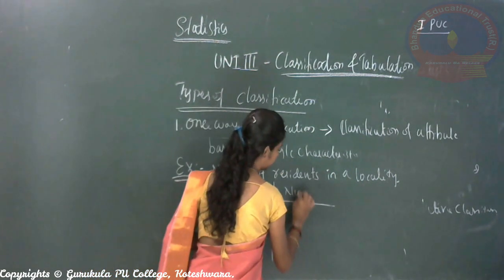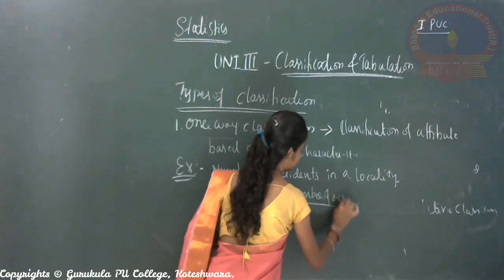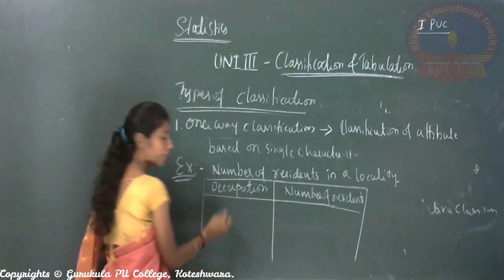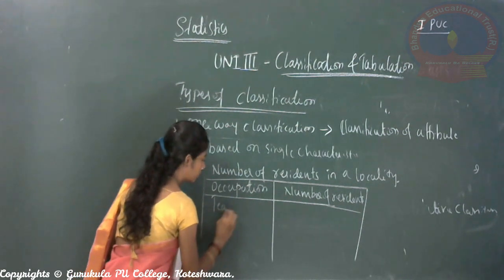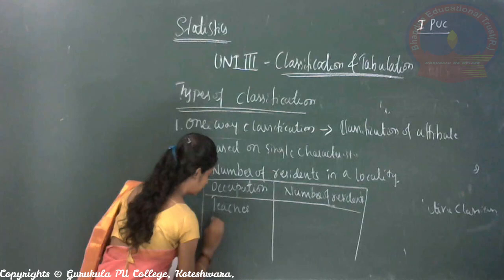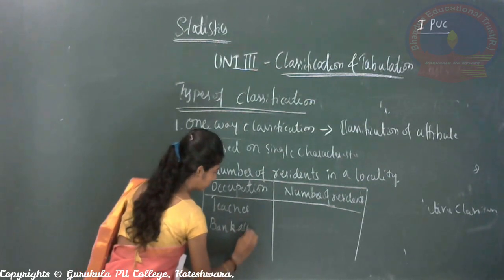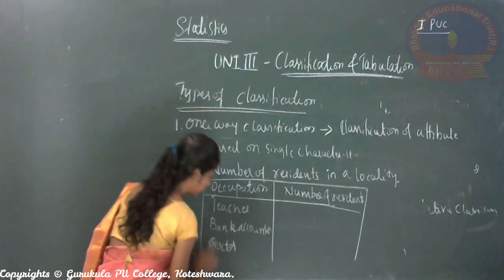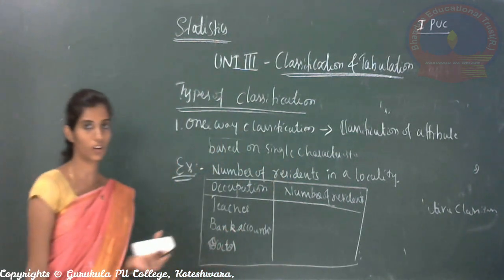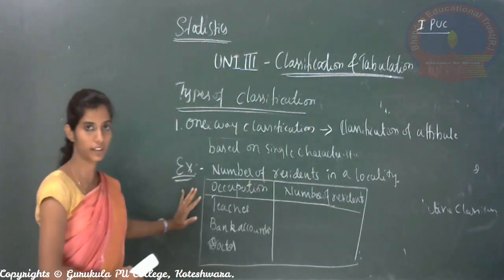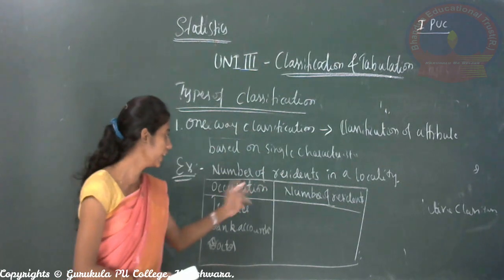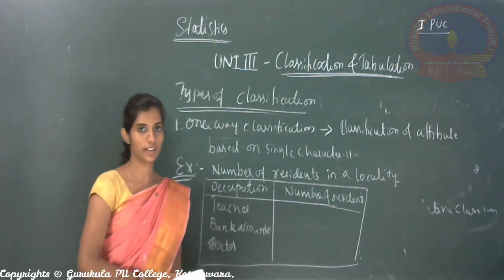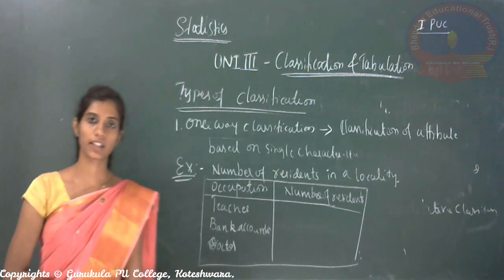You can mention any other occupation, like bank accountant, doctor, lawyer, etc. I have taken one characteristic and depending upon that, the number of residents. This is simple or one-way classification.